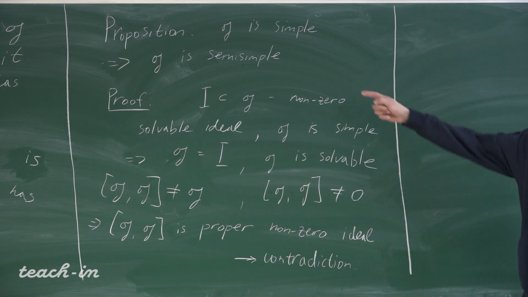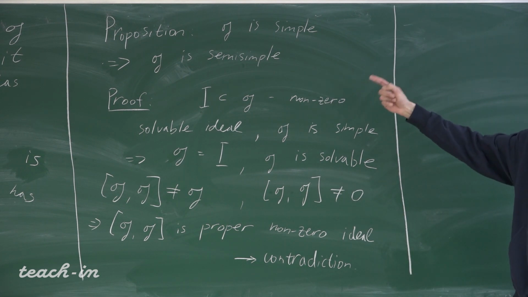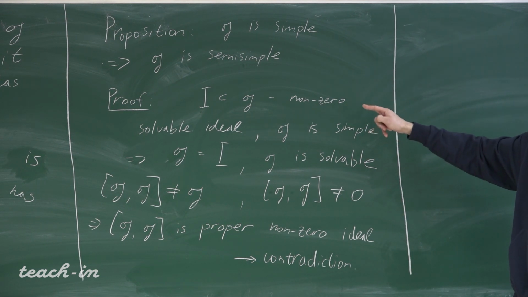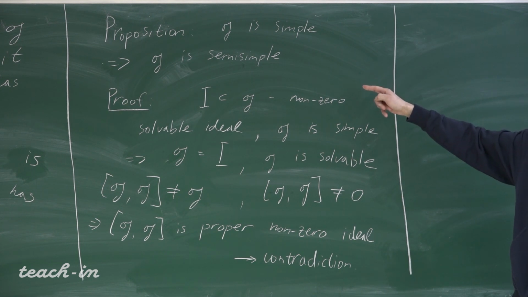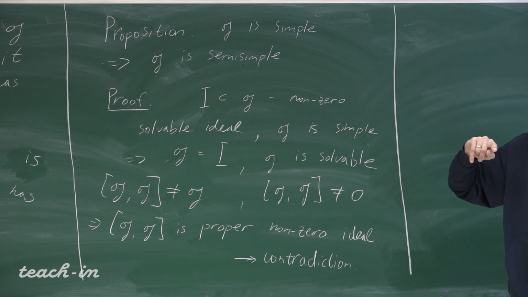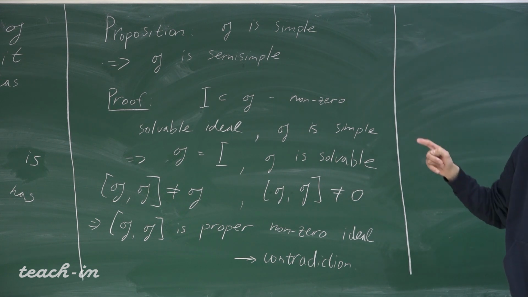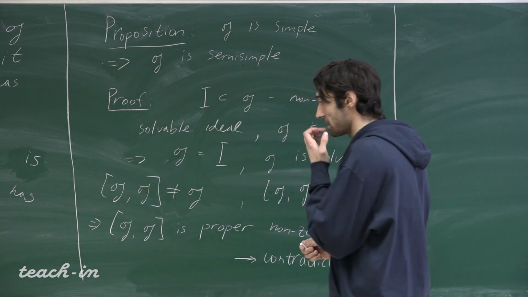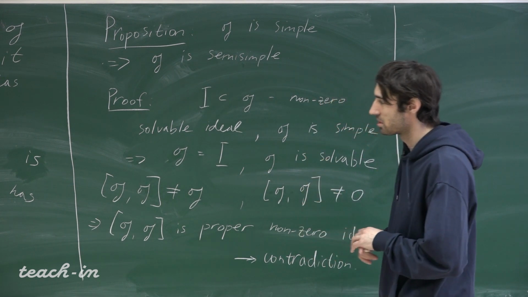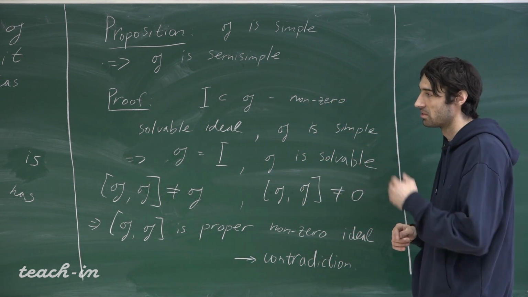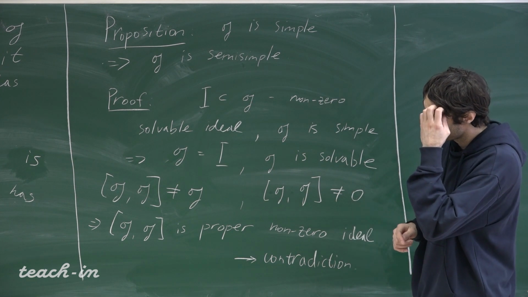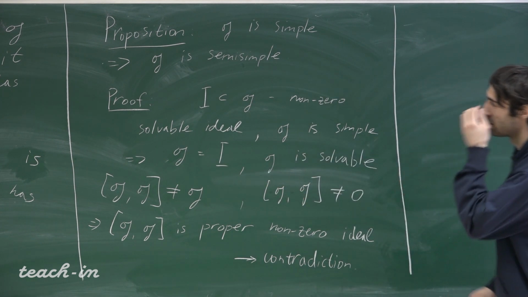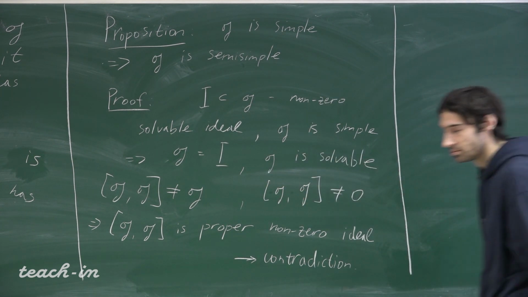But we'll have this result that G is semi-simple if and only if it is a direct sum of simples. Then this proposition is kind of obvious. But for theoretical reasons, to get some general statements, it's better to introduce it like that. Okay.